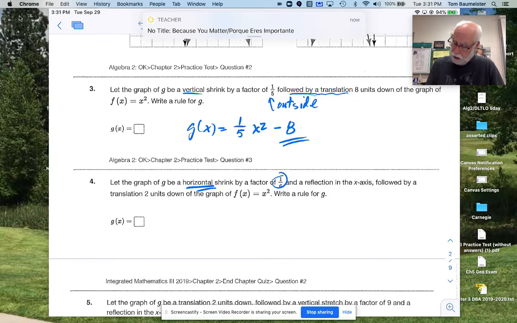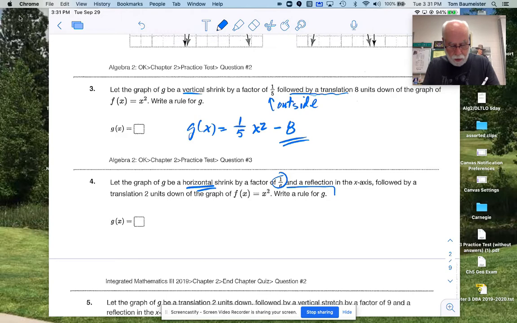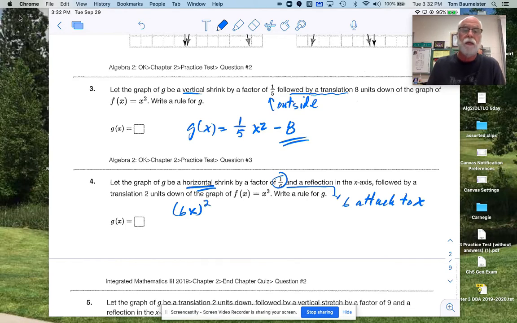That factor is 1/6. So we know that we are going to flip it and we are going to say it is 6. And you're going to attach it to the x. So remember, when I attach it to the x, we have 6 attached to the x. And remember, the x was squared, so the 6x squared. And just keep it like that, because that will be the answer. I'll tell you that much right now.